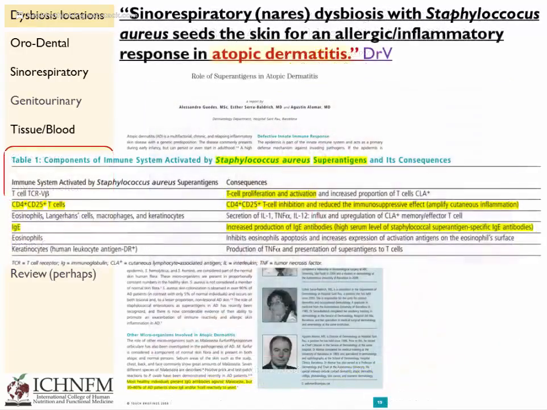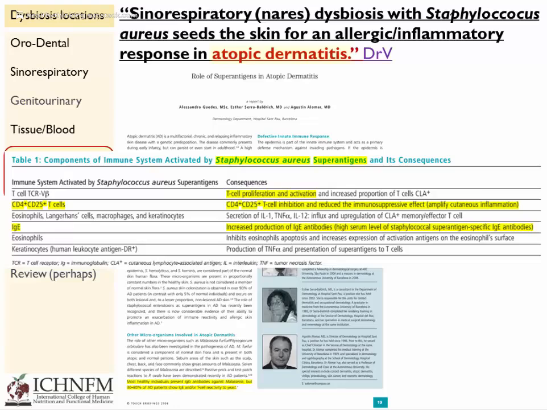The following article talks about the role of superantigens in atopic dermatitis. The source of those superantigens is mostly Staphylococcus aureus, and you can see the effect on IgE, increased production of IgE antibodies, high serum level of staphylococcal superantigen specific IgE antibodies in these patients with atopic dermatitis.